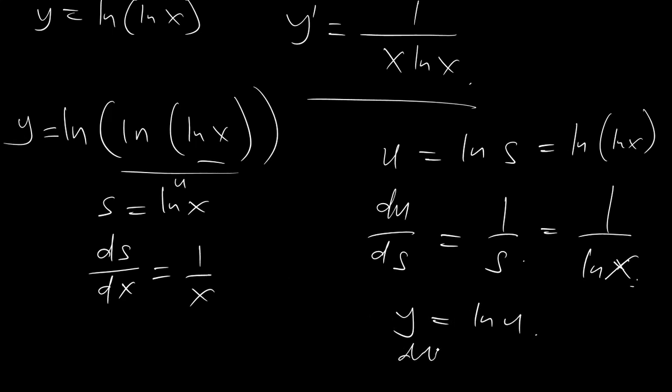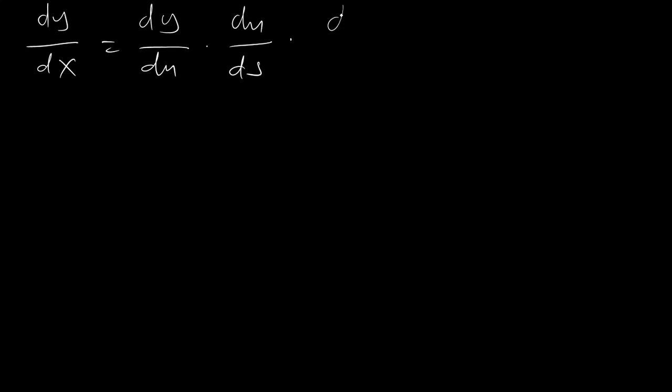So dy over du will be equal to 1 over u. Now, this is a chain rule. You have dy over dx equal to dy over du times du over dx. So this is a chain rule.